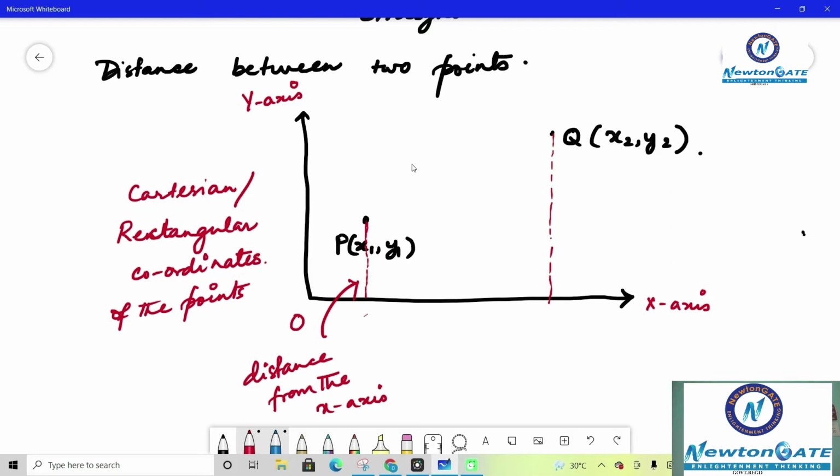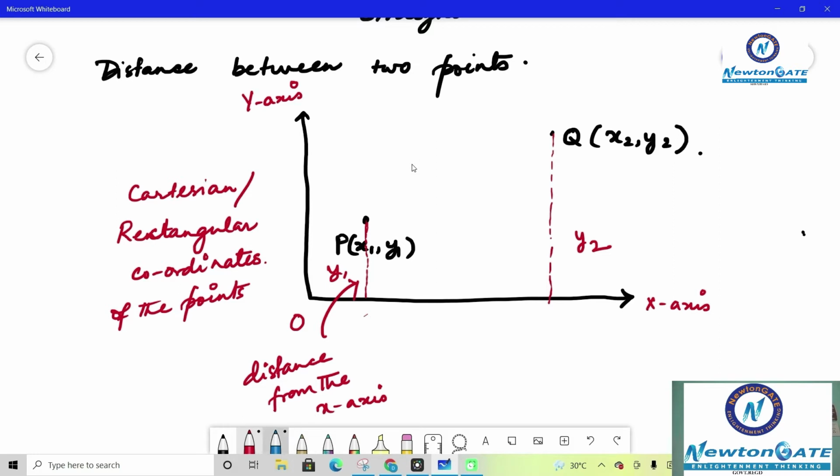So this distance will be y1 and this distance is y2. That is, the point P(x1, y1) is at a distance of y1 and this point Q is at a distance of y2 from the x axis.